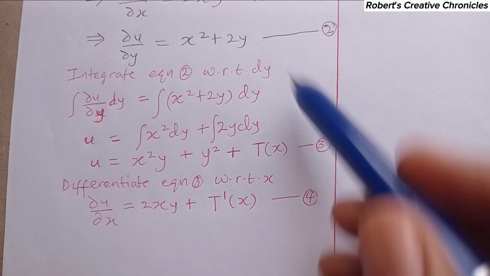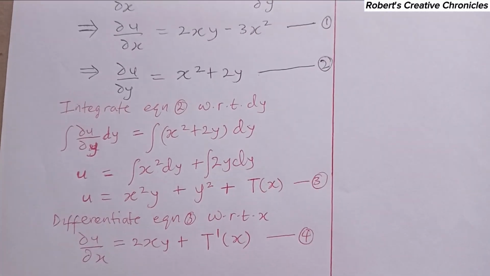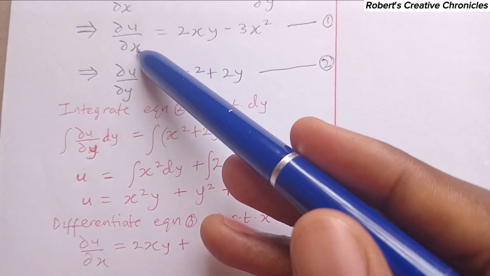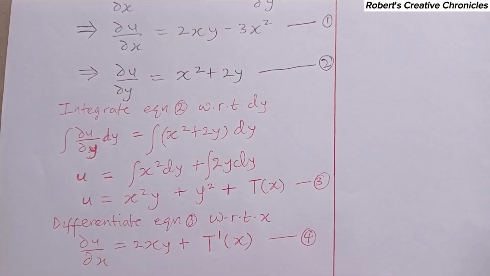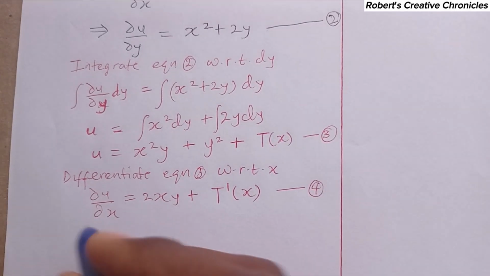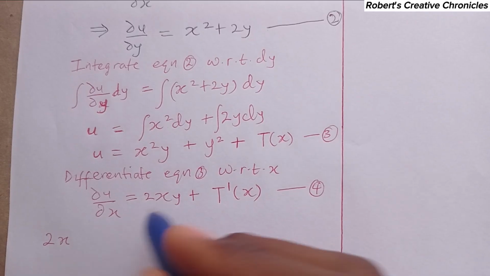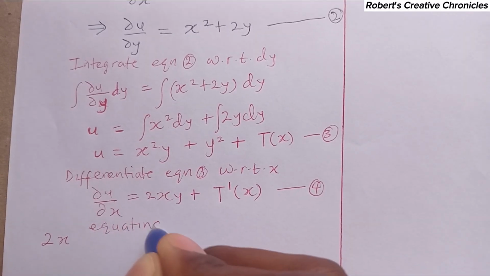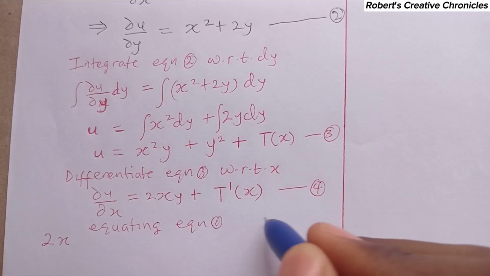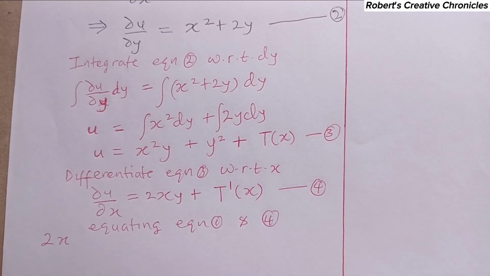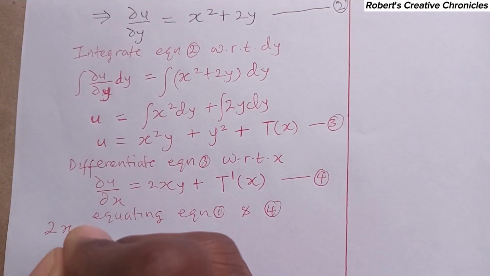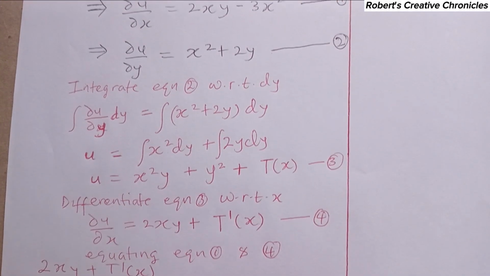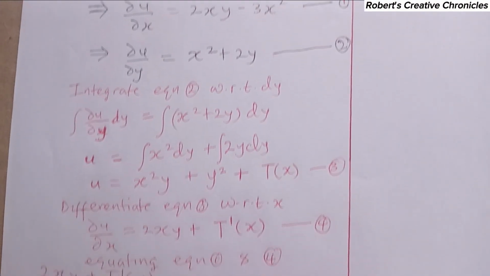Now we are going to equate equation 1 and 4, because this is the same partial derivative of u with respect to x. So we are going to equate these two terms. Equating equation 1 and 4, it will be 2xy plus t prime of x equals 2xy minus 3x squared.